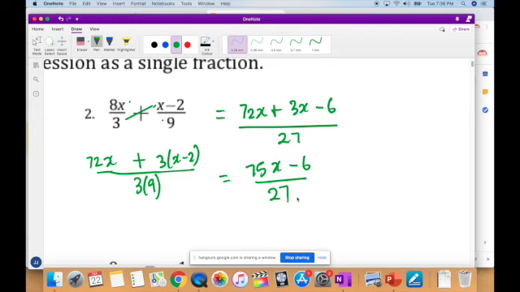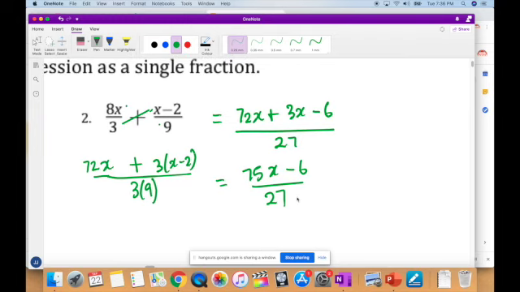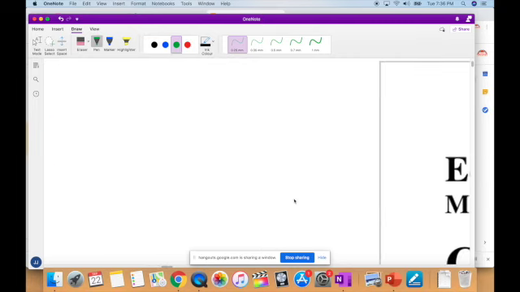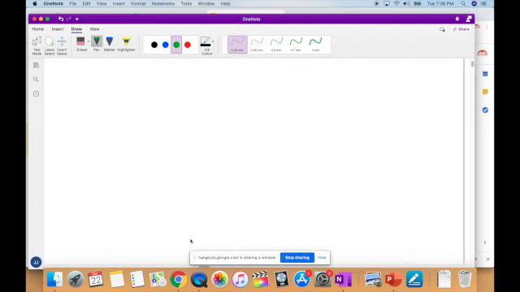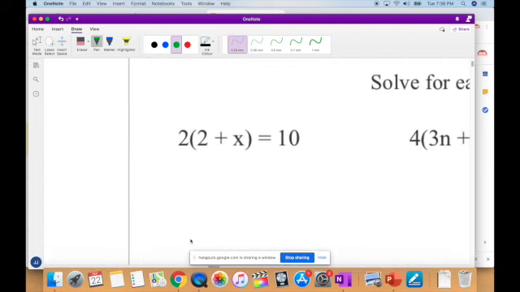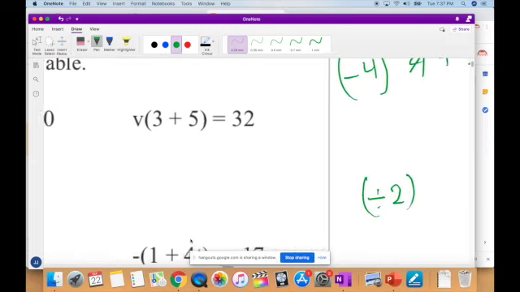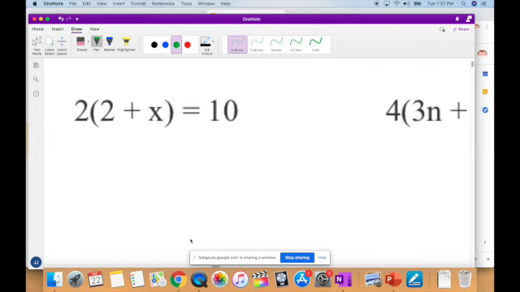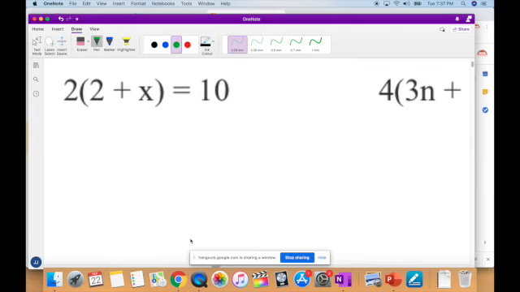Caitlin, you okay with this? Yeah. Alright. Caitlin, you do this one. 2 into 2 plus x is equal to 10. Solve for x. Quick. 2 into 2 plus 2x equals 10. And then you transpose the 4.